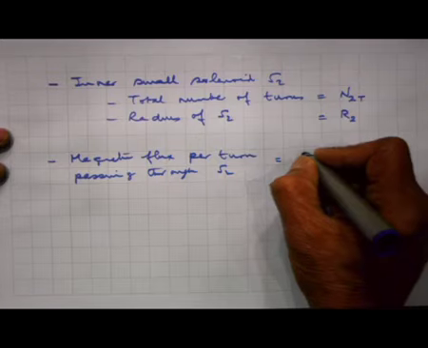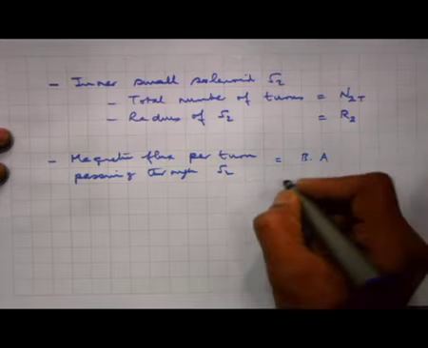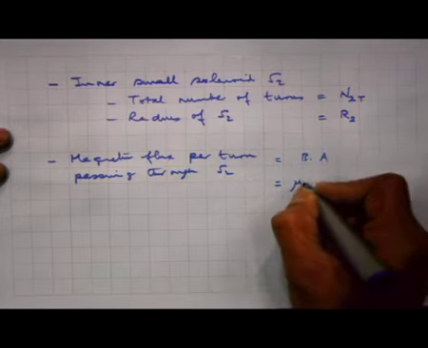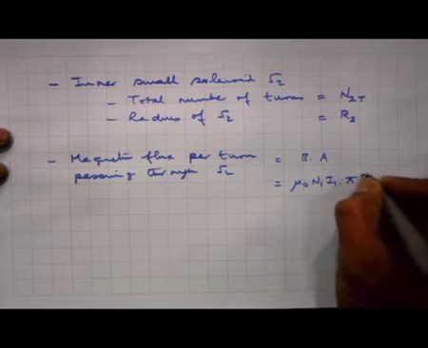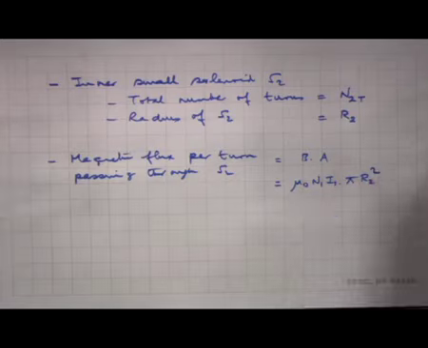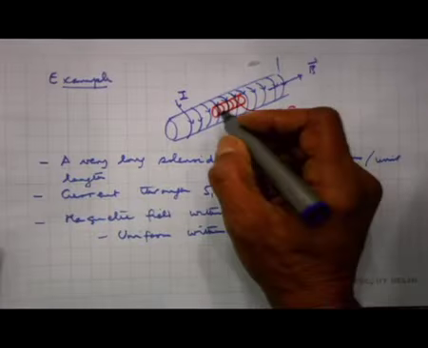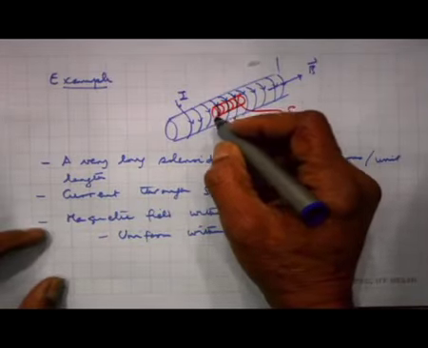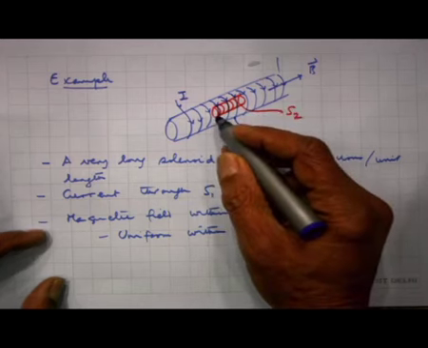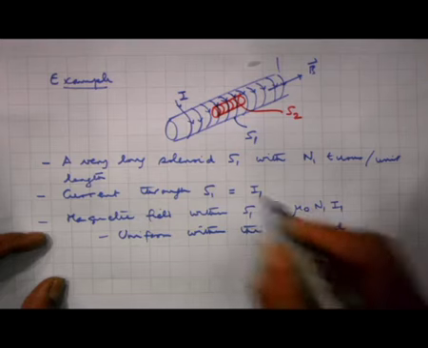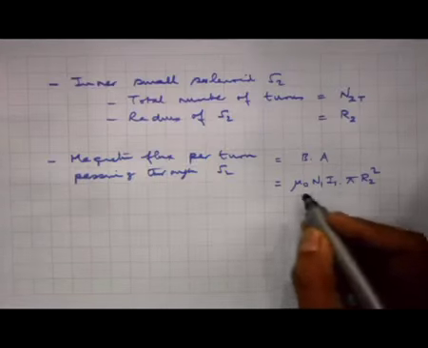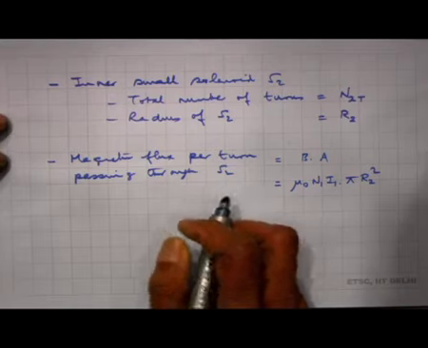It is equal to magnetic field into area, which is equal to mu naught N1 I1 into pi R2 square. R2 is the radius of the inner solenoid, so the area of the inner solenoid is pi R2 square. The magnetic field produced by the outer solenoid within the outer solenoid is mu naught N1 I1. So, mu naught N1 I1 into pi R2 square.